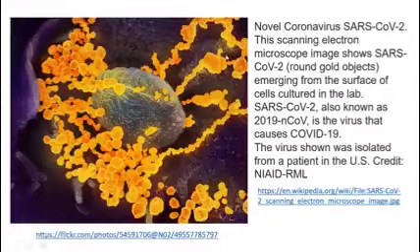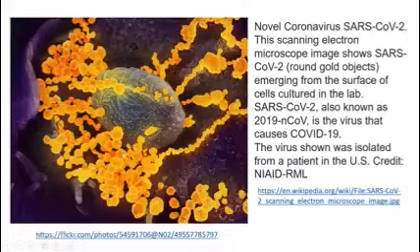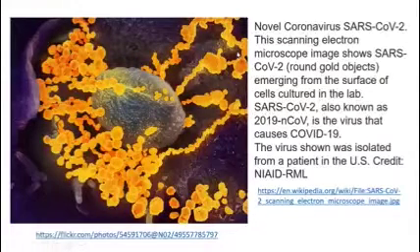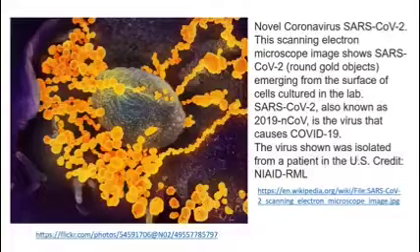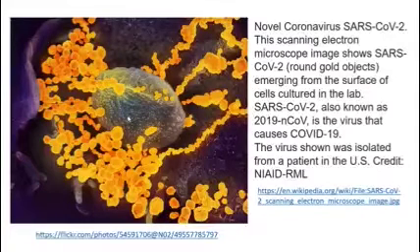These round gold objects are SARS-CoV-2 viruses emerging from the surface of cells cultured in the lab. So you see a large number of viruses emerging from the cells cultured in the lab. The virus shown is isolated from a patient in the US. I have taken this from Wikipedia, so it's from a US patient and freely available.